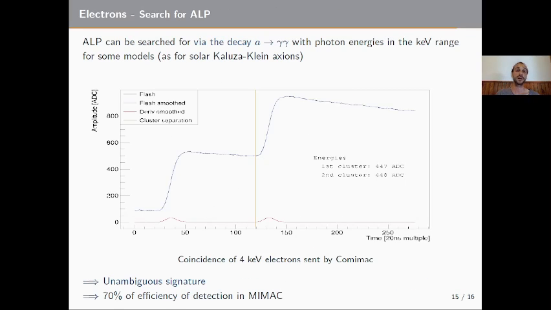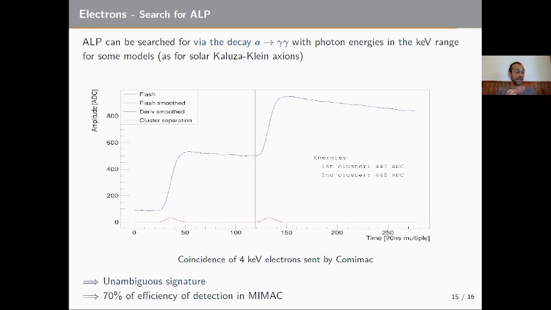Last thing I want to talk about is the search for axion-like particles. You know that they are pseudoscalar and that they can decay into 2 photons, and when they have a mass in the keV range, their lifetime can be comparable with the age of the universe. With MIMAC, we are mainly interested in Kaluza-Klein axions that would be produced in the Sun and that would propagate into extra dimensions.